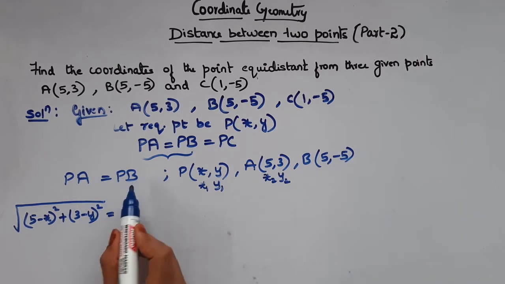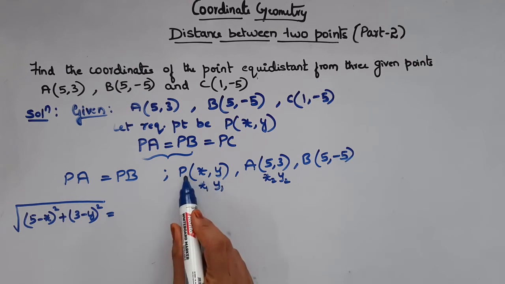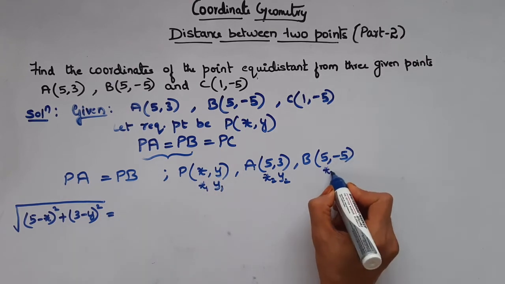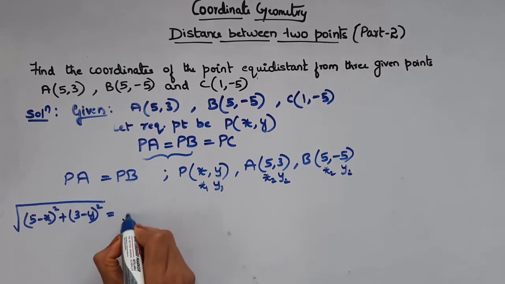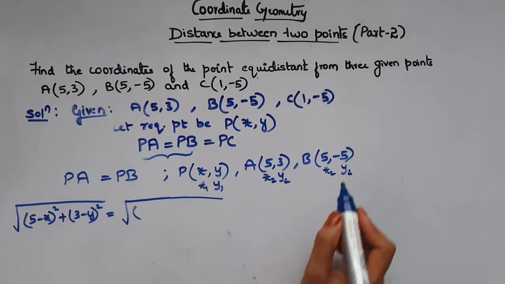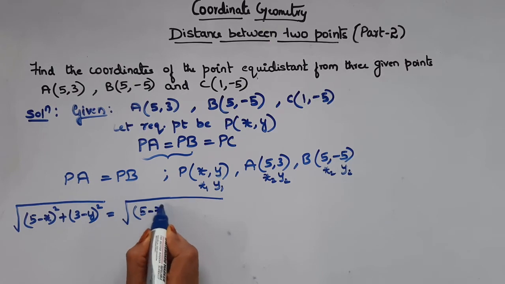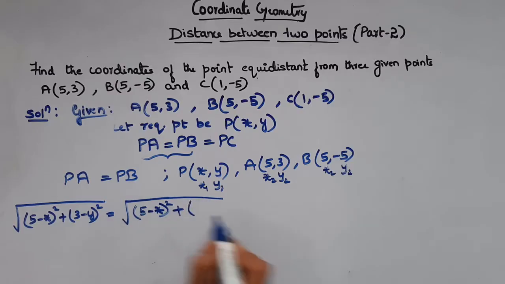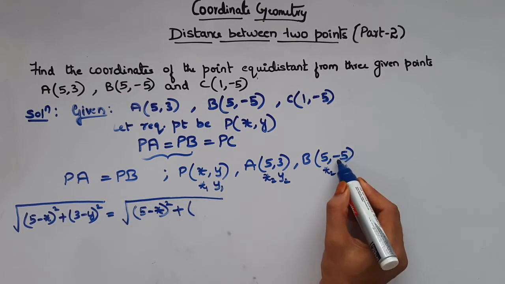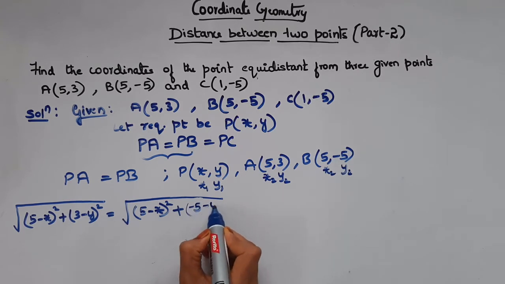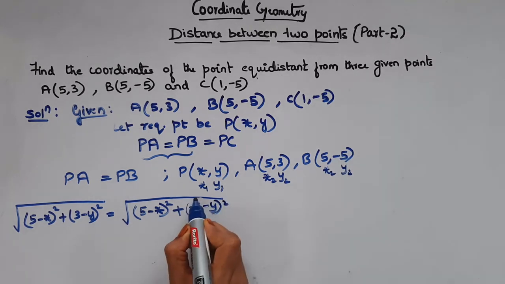for PB, in this case x1, y1 is P and B is your x2, y2, right? So therefore the square root of (5 minus x) the whole square, plus y2, in this case -5, minus y, the whole square, right?